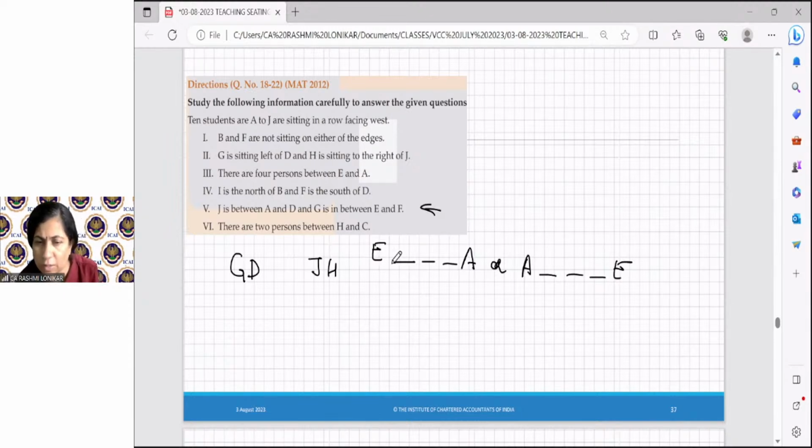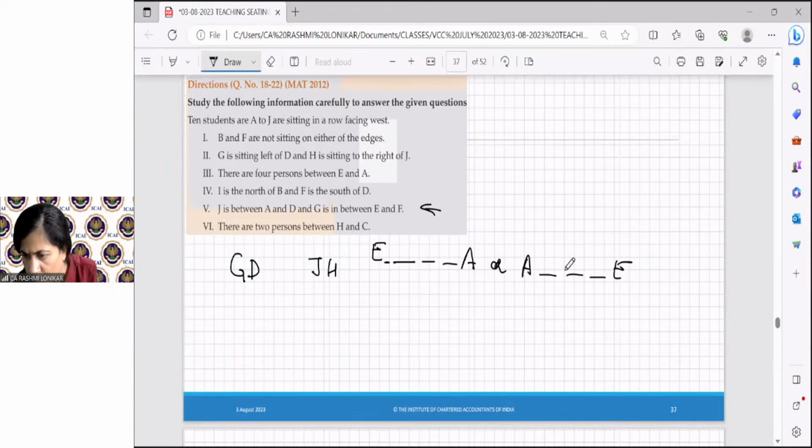There are 4 people between A and E. So these are possible.